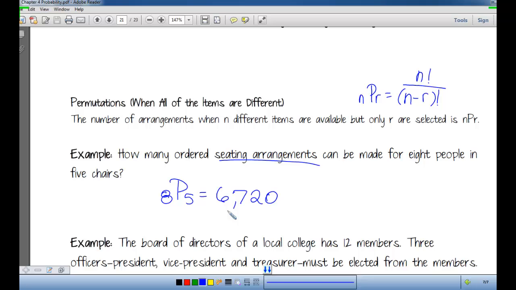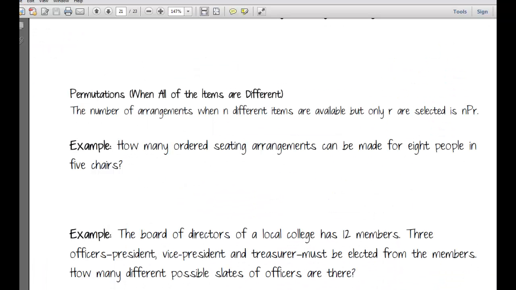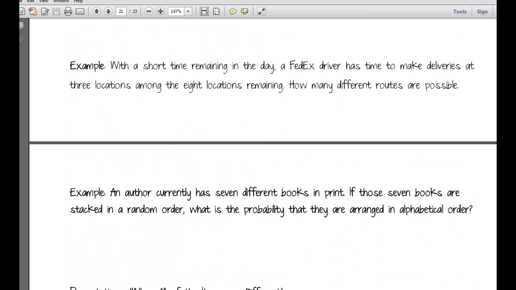Okay, questions about that? All right, let's back it up then to those other examples. With the short time remaining, the FedEx driver has time to make deliveries at 3 locations among the 8.